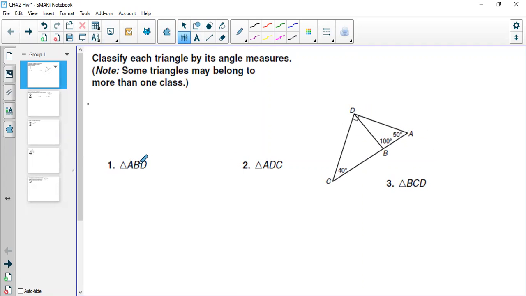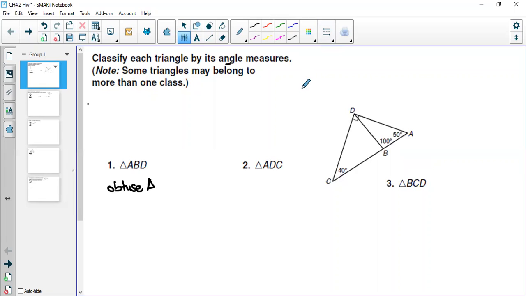Classify triangle ABD depending on its angles. In triangle ABD, this is 50, this is 100. Already it's a very big angle, more than 90 degrees. From this itself you can find out that it's an obtuse angle, as this is a very small angle, so it's not going to help in solving. So ABD is going to be an obtuse triangle.